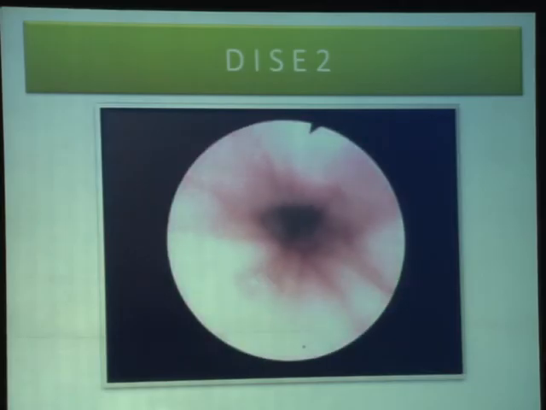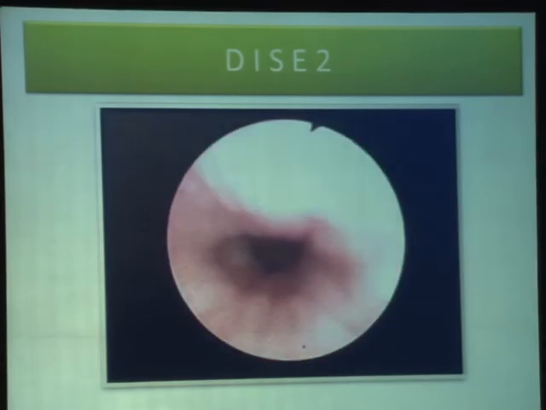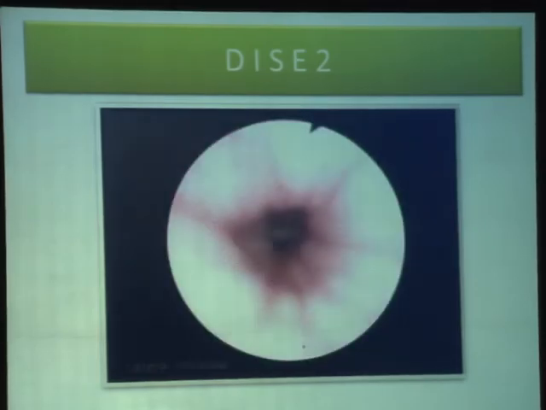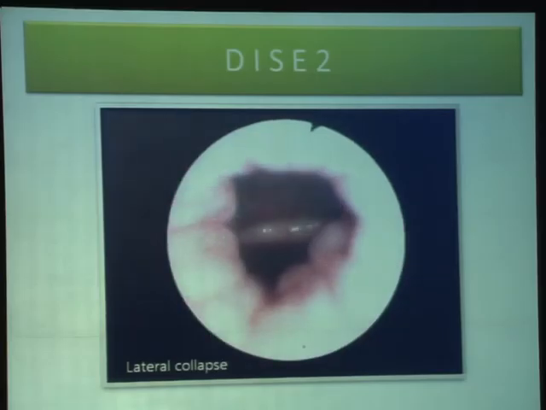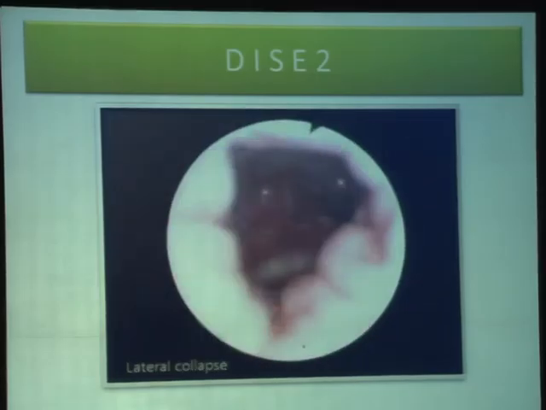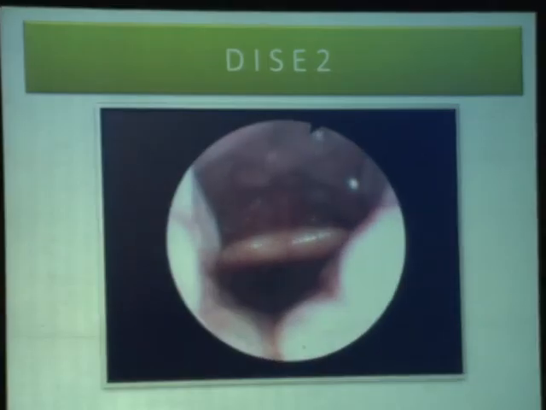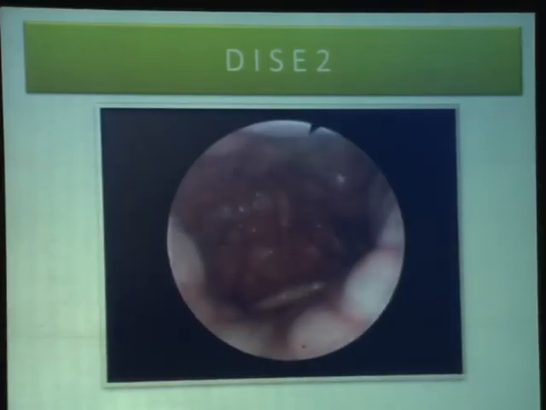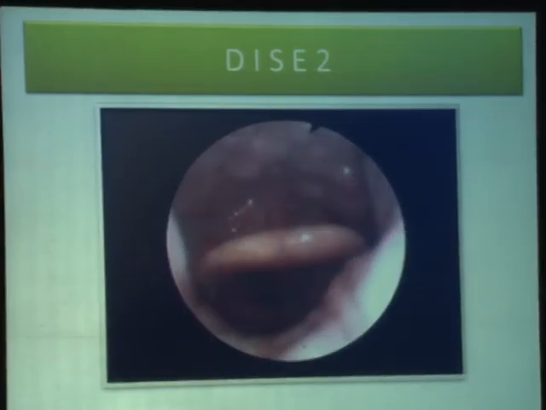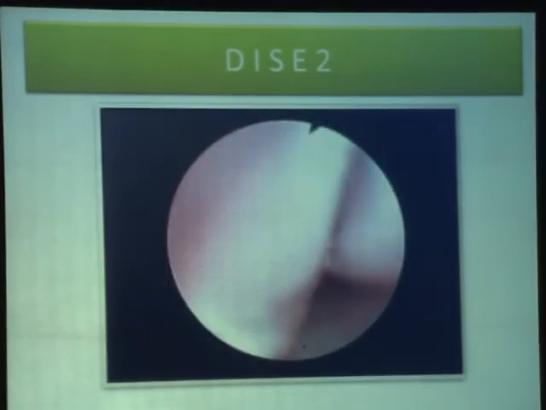And beyond this point, just pay attention to the video there. Of course, this is a lateral type of collapse that is happening. Pay attention there. Look at that. How will this guy benefit from a CPAP? He's just not able to breathe there.